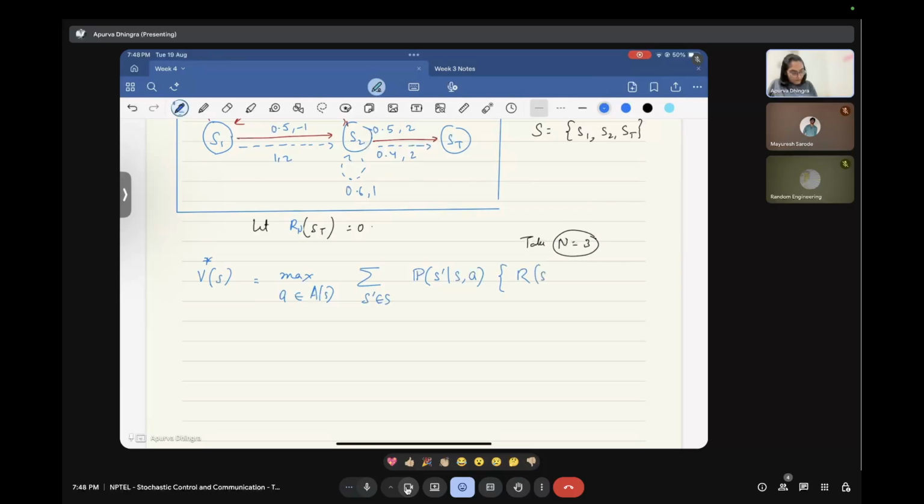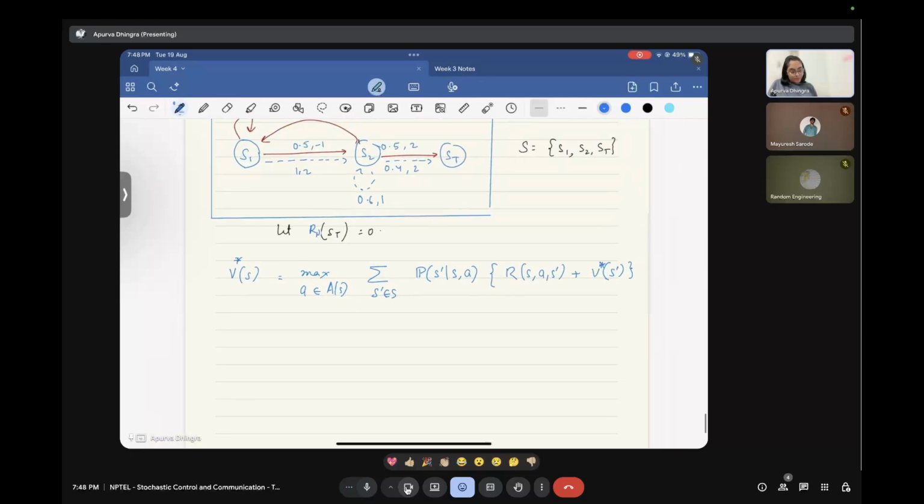R of S, A, S dash, V star of S dash. Okay. If you're not doing an iterative version, you could try out an iterative version also.